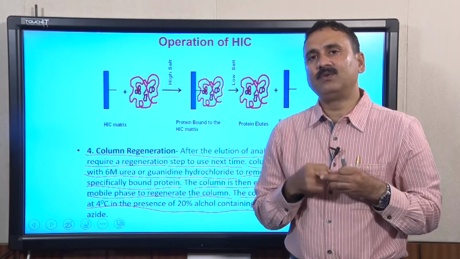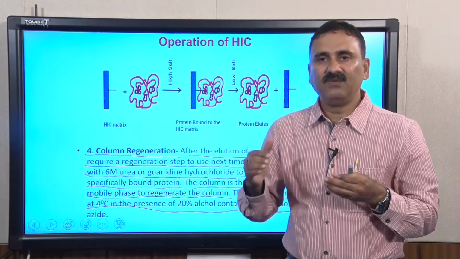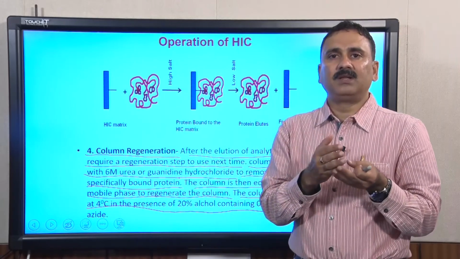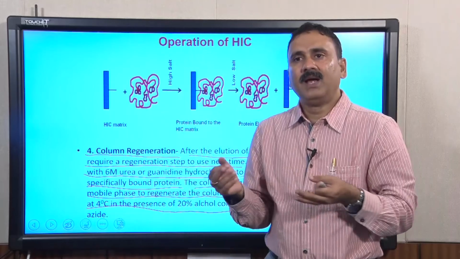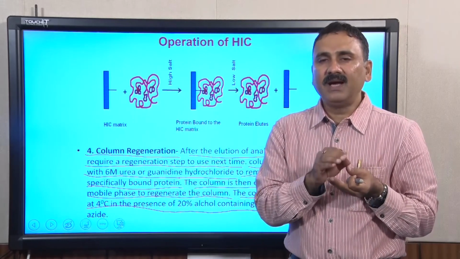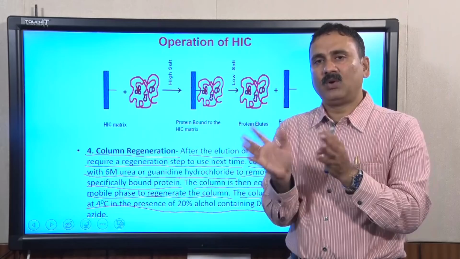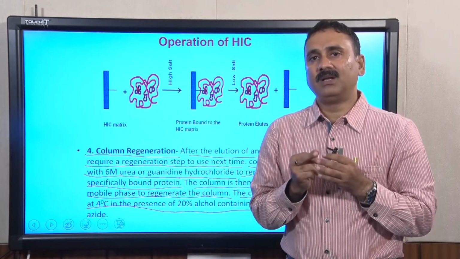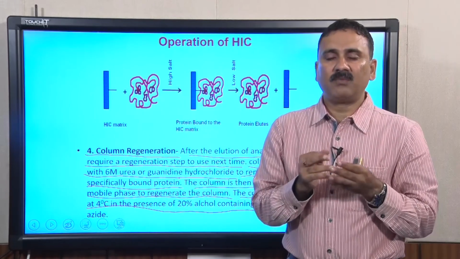That is why you have to preserve these beads in alcohol. 20% alcohol is bactericidal, and in addition you can also add a small amount of azide. The combination of alcohol and azide is going to protect your column from bacterial contamination or growth.